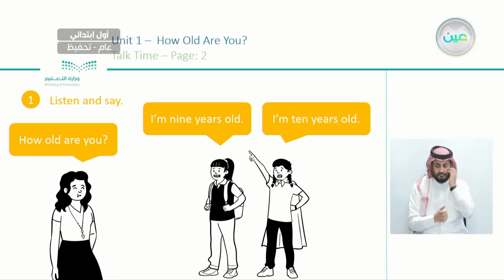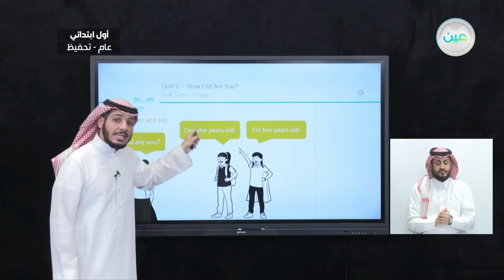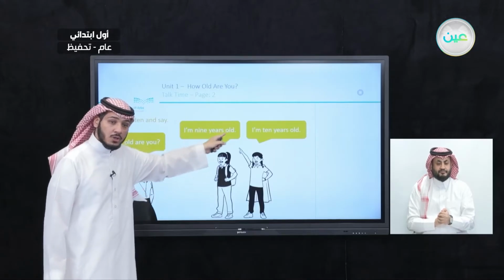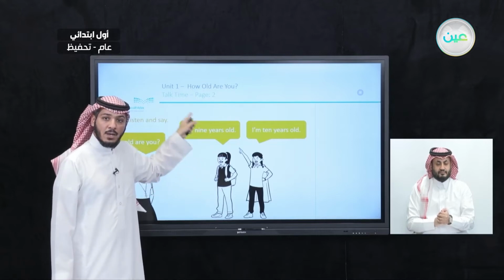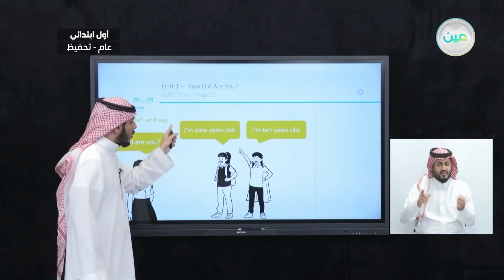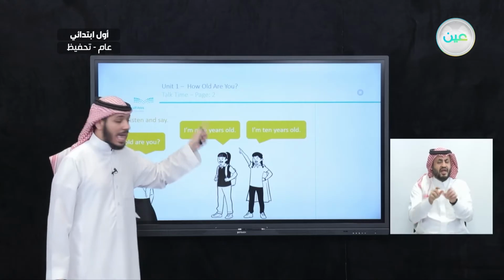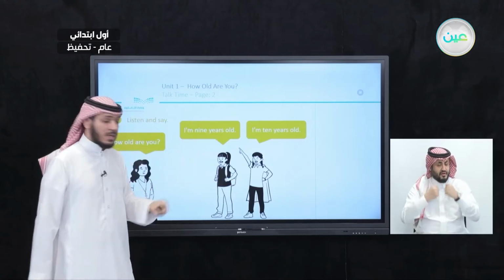Excellent. So the first girl says what? I am 9 years old. So you can say I am or I'm. So I'm 9 years old, and the other girl says what?